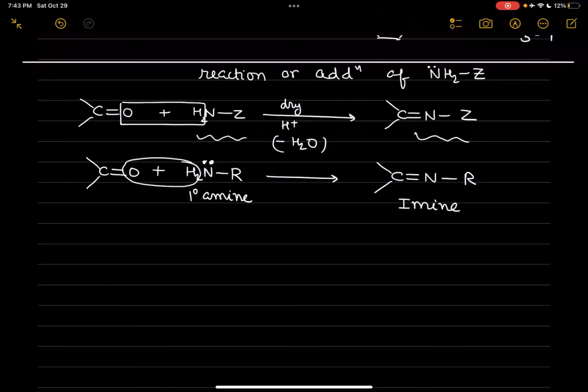Let's remove water. What will be the name of the reactant if you have OH as Z?